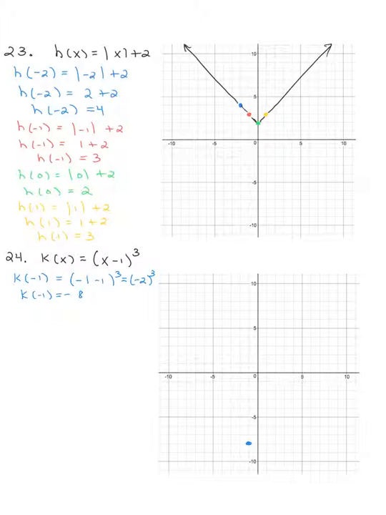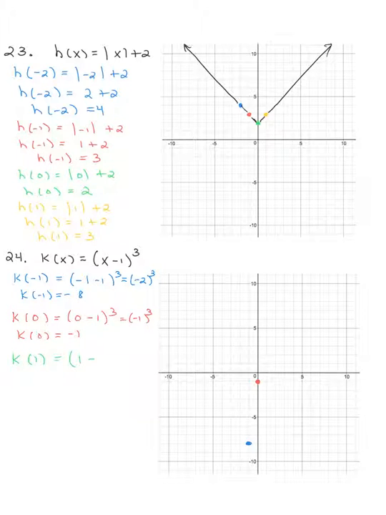So let's try 0. K of 0 is (0 minus 1) cubed. That's just (-1) cubed. So k of 0 is simply -1. That's right here. I think the next one will be simple if I stick with this pattern. K of 1, what's that?